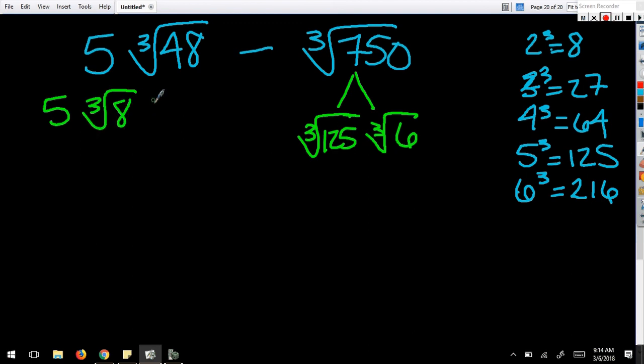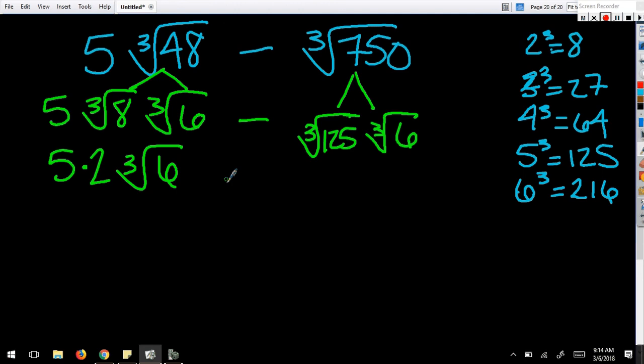So now I got 8 and 6. Cube root of 8 is 2. Remember, I'm subtracting here. And 5 times 2 is 10 times the cube root of 6. All right, first one's completely simplified. Are we in agreement?